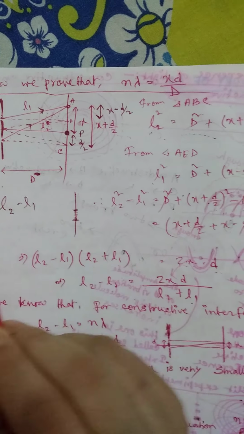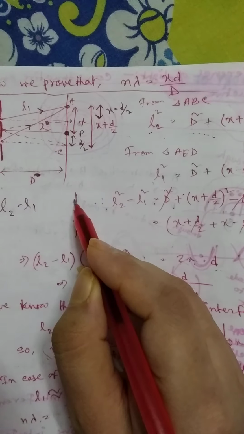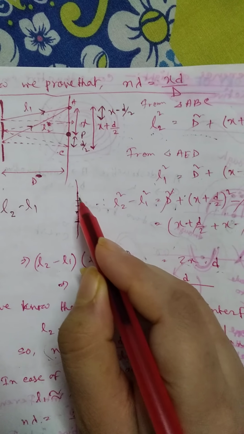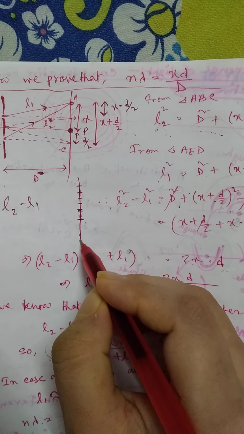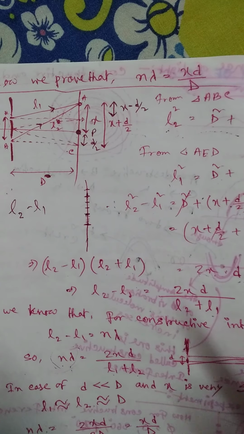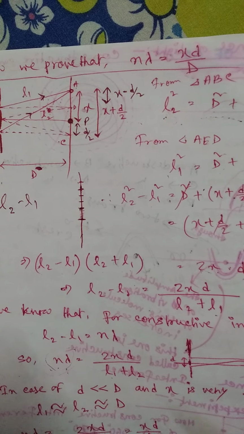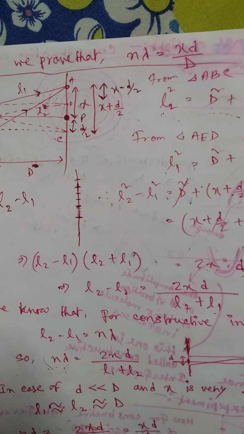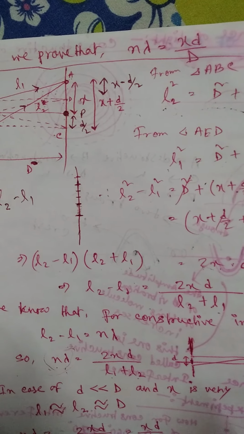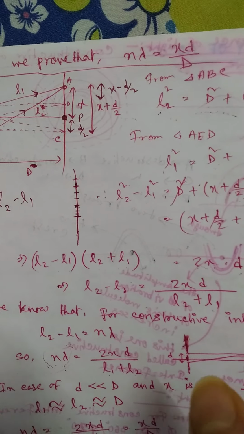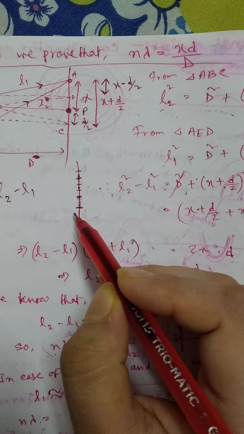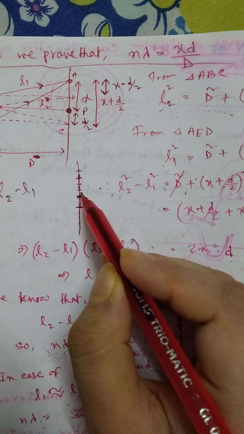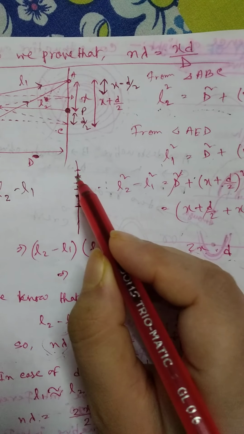This portion is the central bright fringe, then dark fringe, then again bright fringe, then dark, then bright. So fringe width means the distance between two consecutive bright fringes or two consecutive dark fringes.